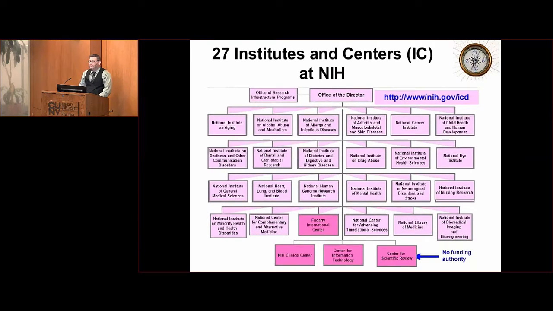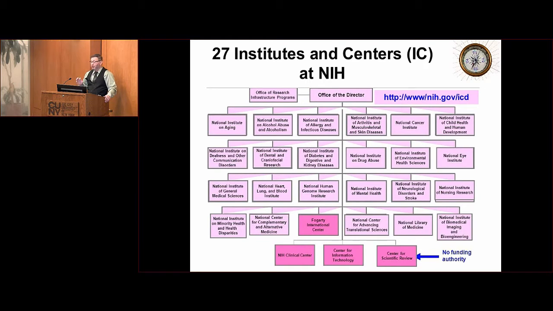So NIH has 27 institutes and centers, ICs. The three at the very bottom are ones that do not have funding authority. One of them on the right side is the Center for Scientific Review.